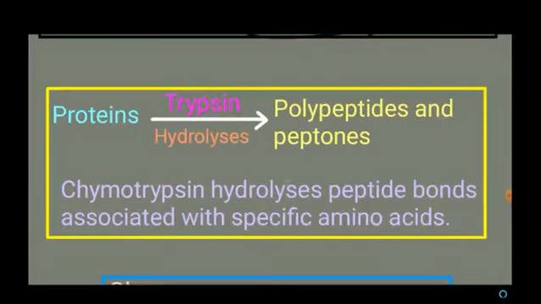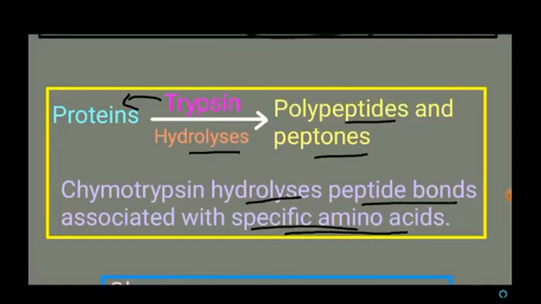So what is the function of trypsin? This trypsin acts upon proteins and hydrolyzes the proteins into polypeptides and peptones. What about the chymotrypsin? This chymotrypsin hydrolyzes peptide bonds which are associated with specific amino acids. So it won't hydrolyze all the peptide bonds. It will hydrolyze only the peptide bonds which are associated with specific amino acids.